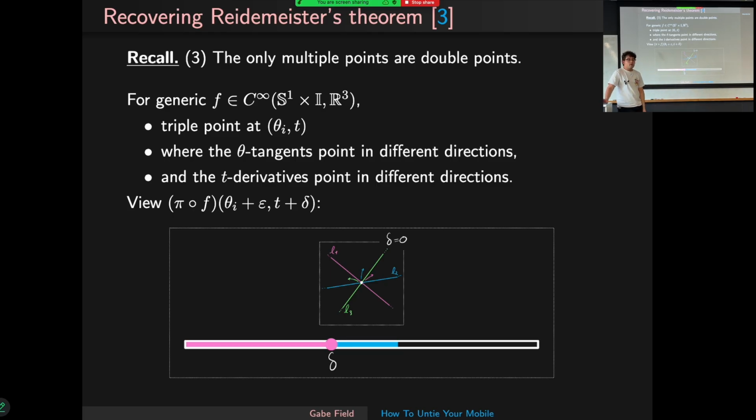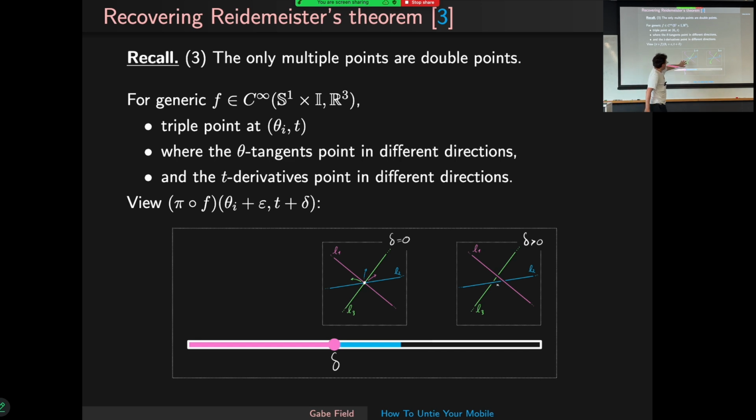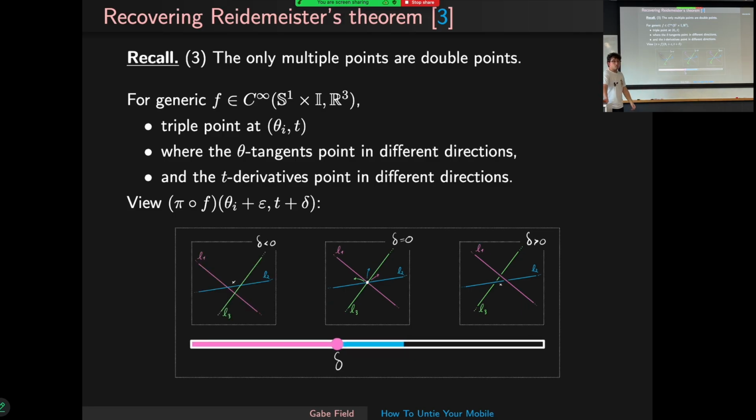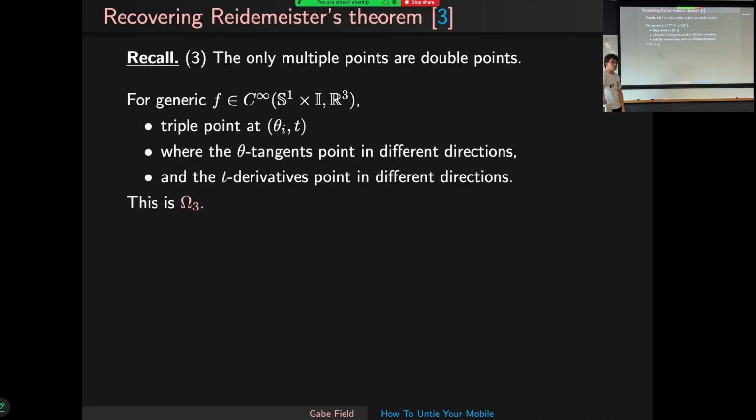If I play that forward in time, well, I'll have that these 3 strands move away at different rates. So I'm going to open up 3 mutually adjacent crossings. Kind of interesting. And if I play it backward in time, the same thing happens, but in reverse. 3 mutually adjacent crossings, but on the other side. If you compare before and after, this is the 3-strand Reidemeister move.